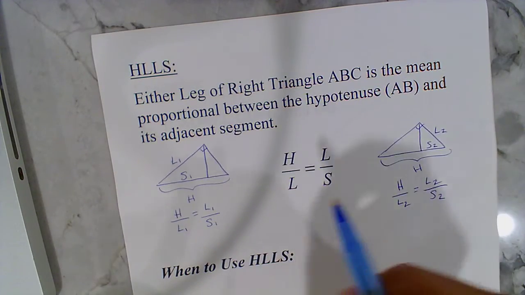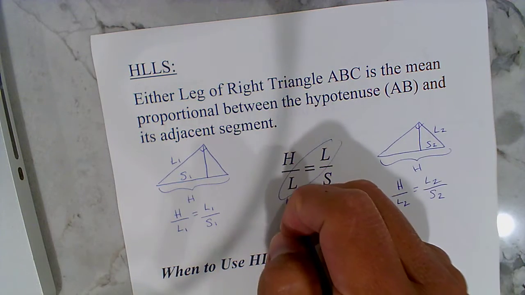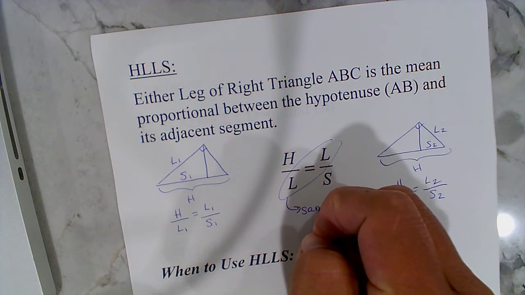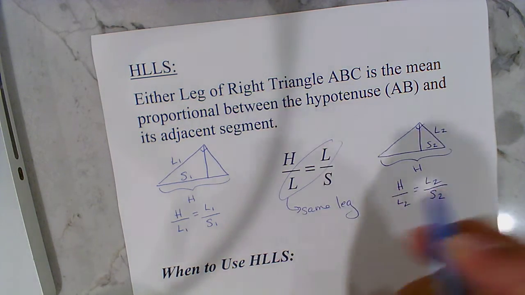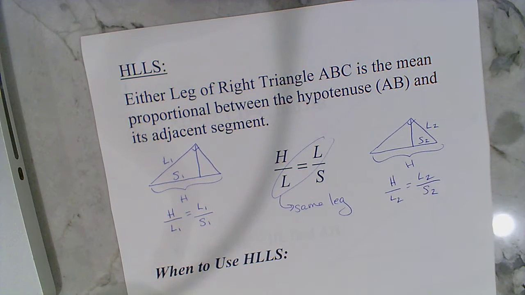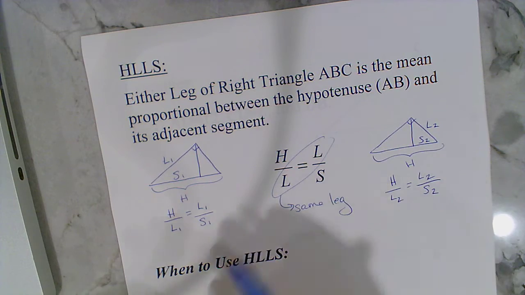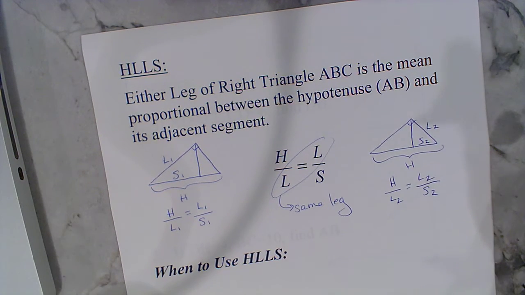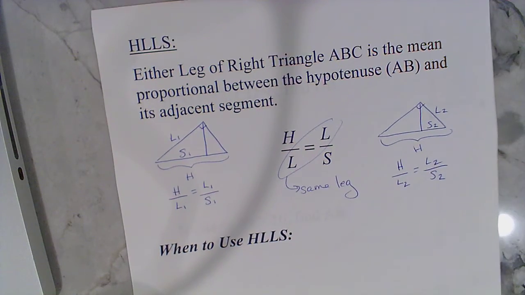This is specifically the same leg, and this is the segment that goes with that leg. So in that case, you just have to pick which one, and the amount of information that the question gives you is what's going to dictate which you use.